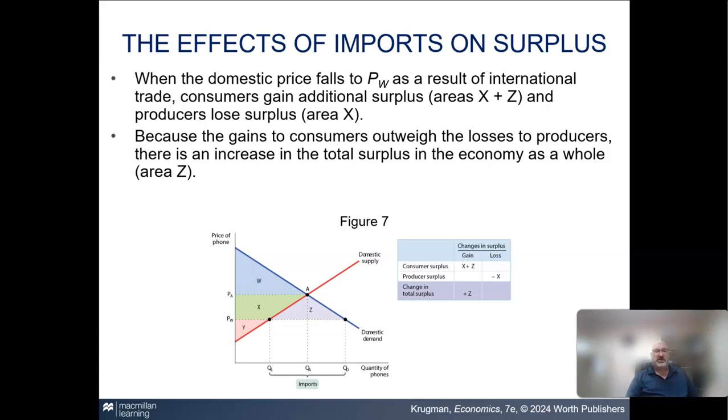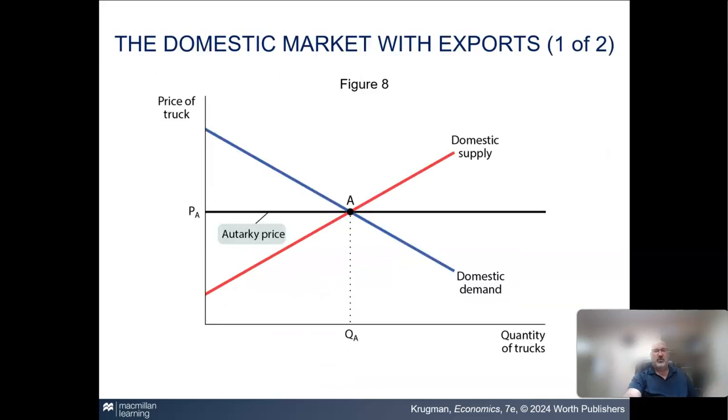That's area X. So producers lost X. Because the gains to consumers outweigh the losses to producers, there is an increase in the total surplus in the economy as a whole, and that is area Z. So that's a win for the economy. So we're up.